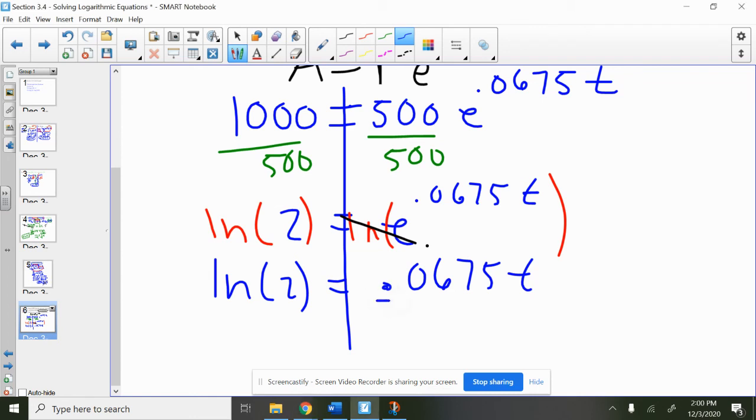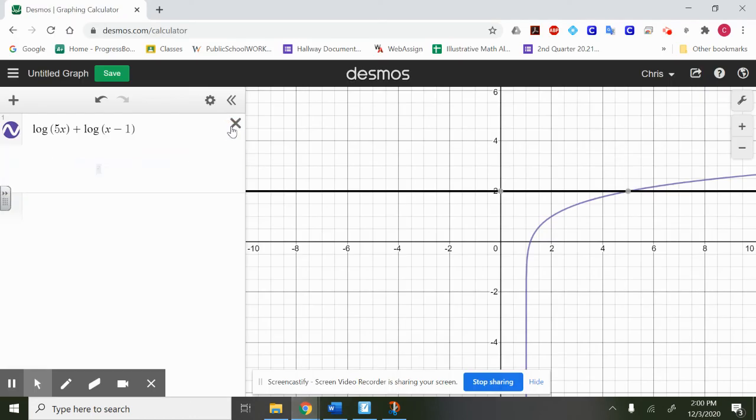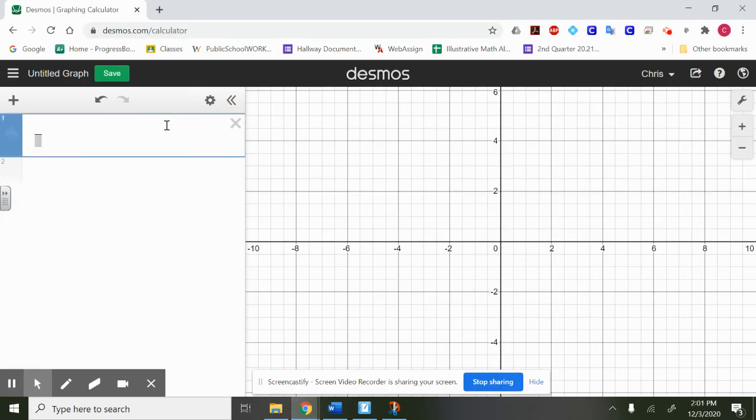The last thing I need to do here is get T by itself. Well, the T is being multiplied by this, so I'm going to divide both sides by 0.0675. So I have the natural log of 2, and then I'm going to divide that by 0.0675.